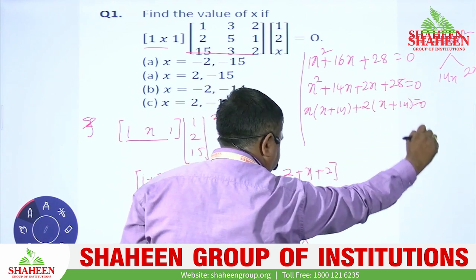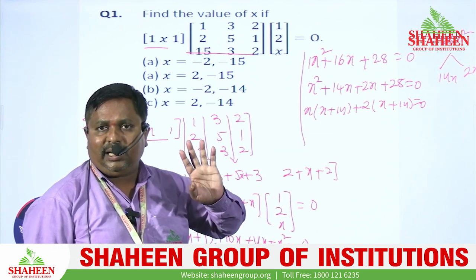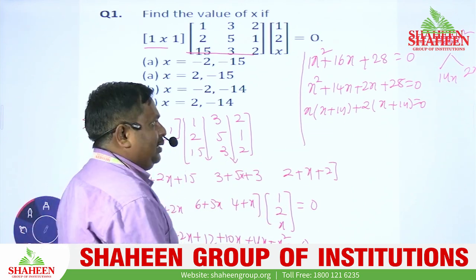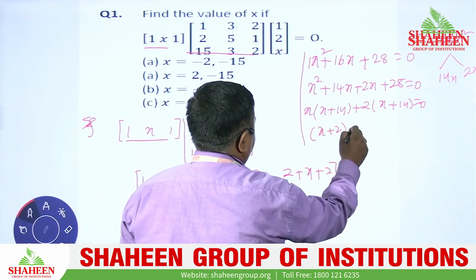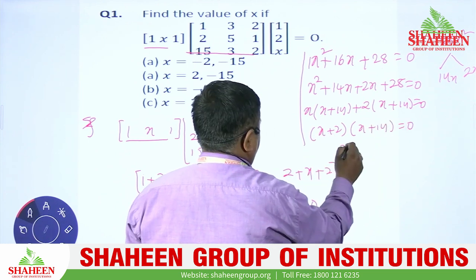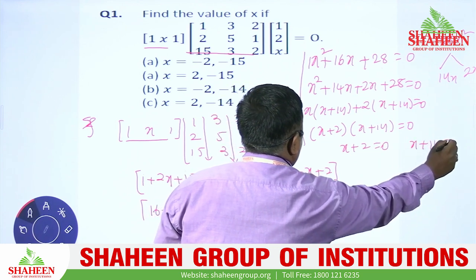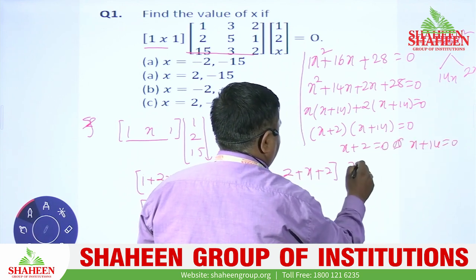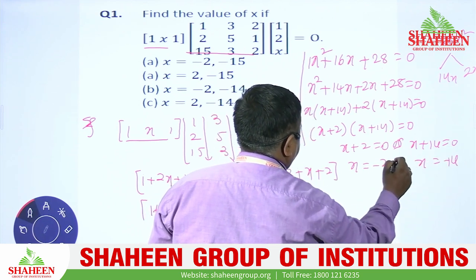In this factorization, if both brackets are the same, then our factorization is correct. Then outside the bracket we have x plus 2, inside the bracket we have x plus 14 equal to 0. Either x plus 2 equals 0 or x plus 14 equals 0.